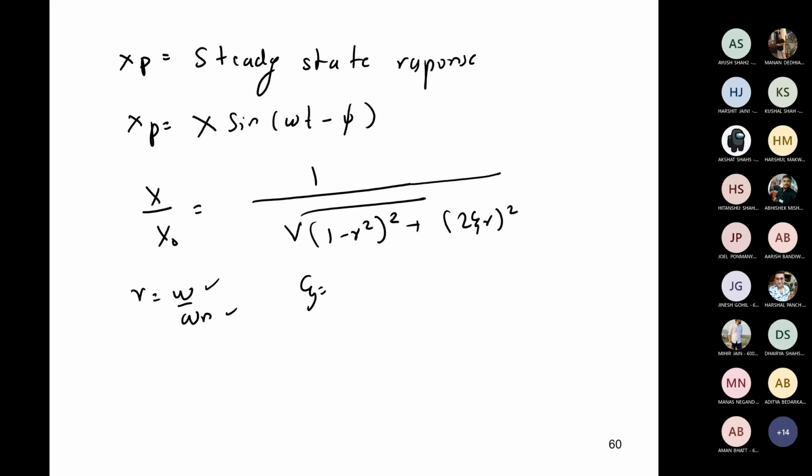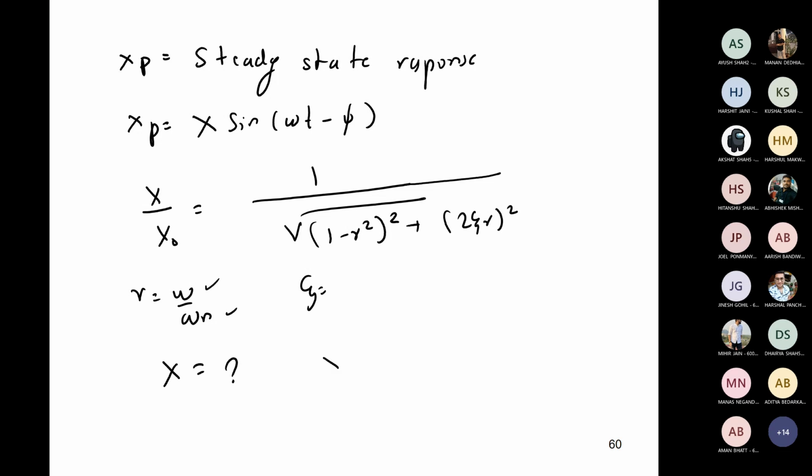So substitute and find out the magnification factor. Any questions? And so this will give you the value of x, because x0 is already known.